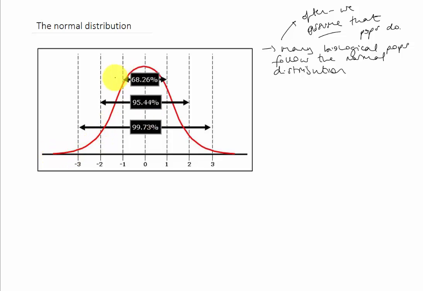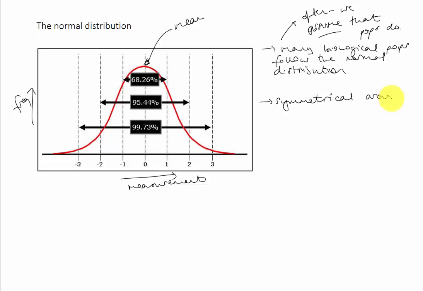So this here is the frequency on the y-axis. Then on the x-axis you've got the measurement values. And here's the mean right in the middle. So here's the average. And you'll notice this distribution is symmetrical around the mean.